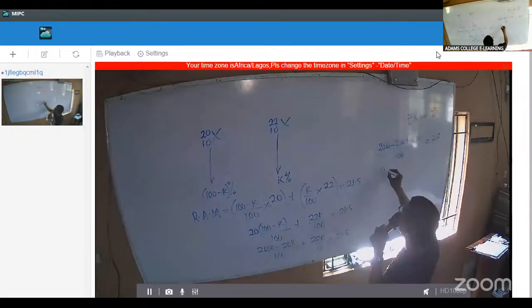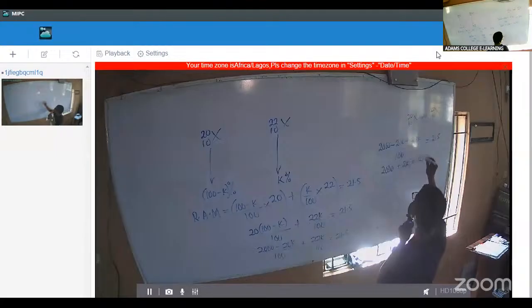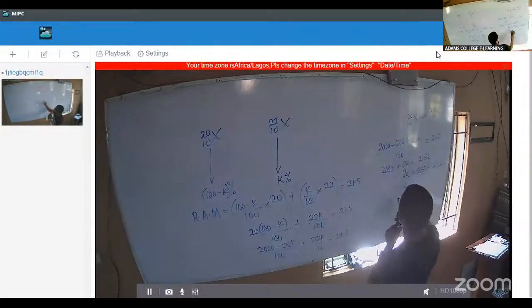So we're going to have 2000 plus 2K equals 2150. So that would now be 2150 minus 2000. So 2K will now be 150. So K is 75%.